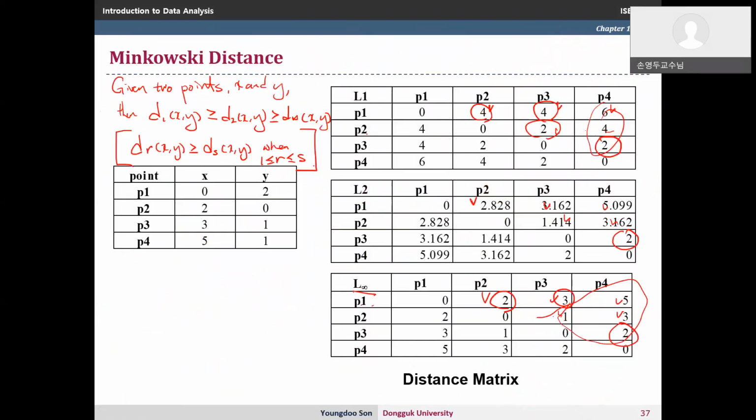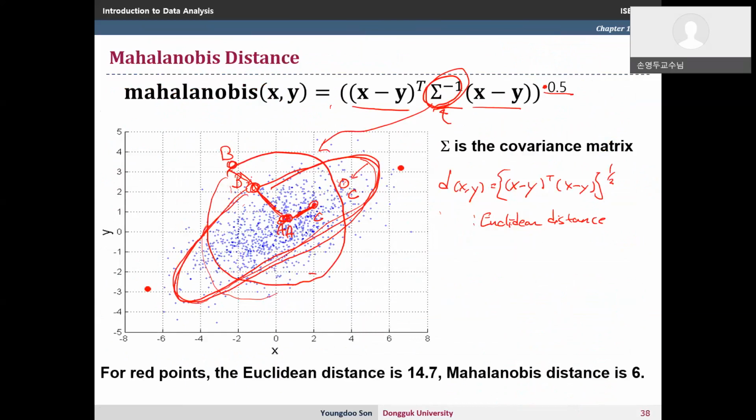In the last class, we started from the Mahalanobis distance. The Mahalanobis distance is very similar to the Euclidean distance. However, it considers the shape of the distribution of the data.